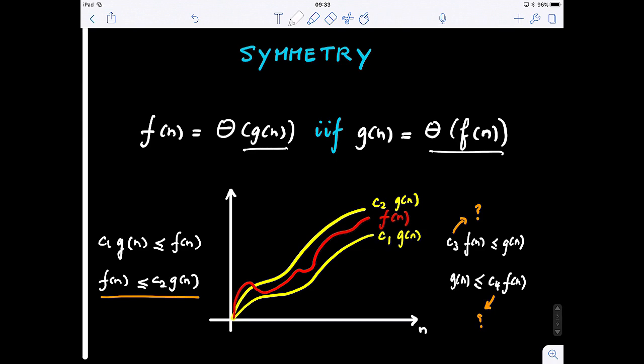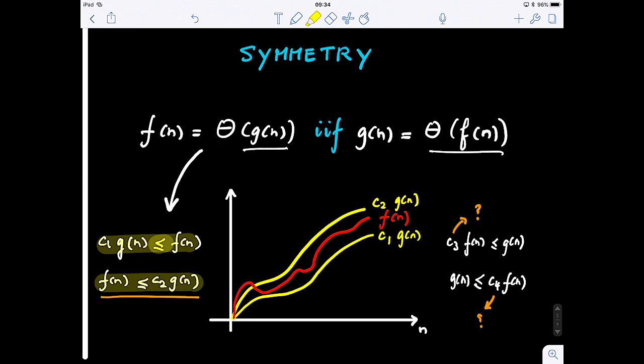Why is that true? Let's look at these cases. Remember, for these definitions we only need to find constants that satisfy them. For the first one, this implies that we find a constant C1 such that C1 times g of n is lower or equal to f of n, and we also have the second condition. This is the sandwich condition.